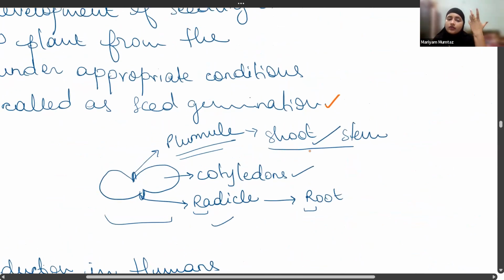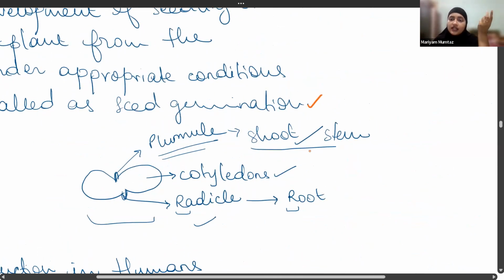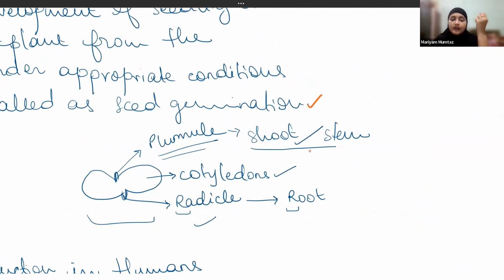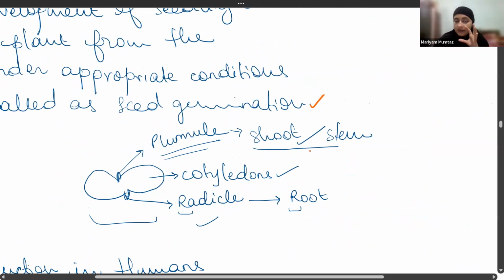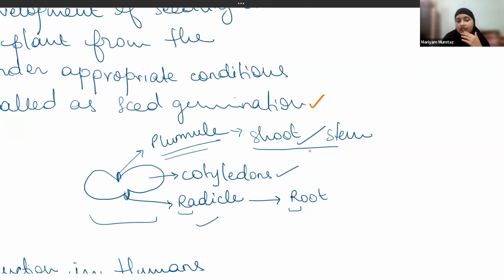Now, on the basis of seeds, there are two types of plants. One is dicots, one is monocots. When the seed is developing, the seed has two parts, known as the cotyledons. Then in the seed, there is a structure known as the plumule, which is responsible for the formation of the shoot. The shoot is the stem.